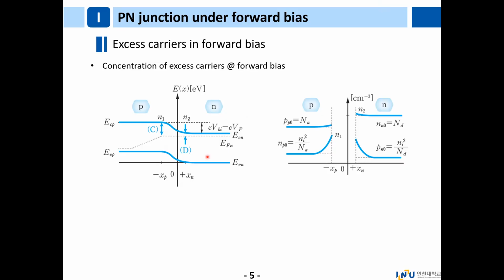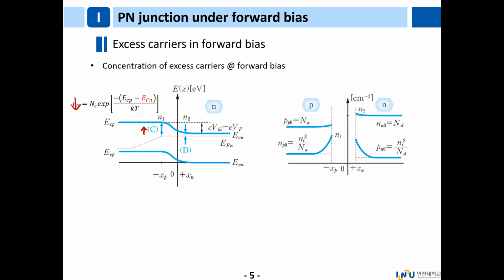At x equal minus xp, if n1 is the electron concentration of the minority carrier in the p region, it is equal to this one, and the larger this energy gap, the smaller the electron concentration.